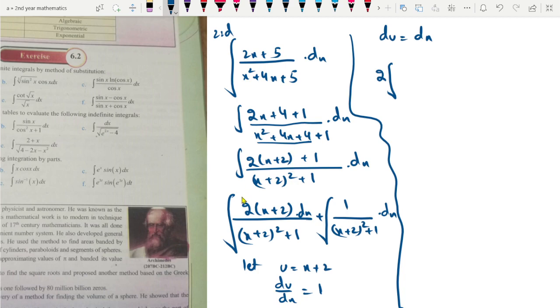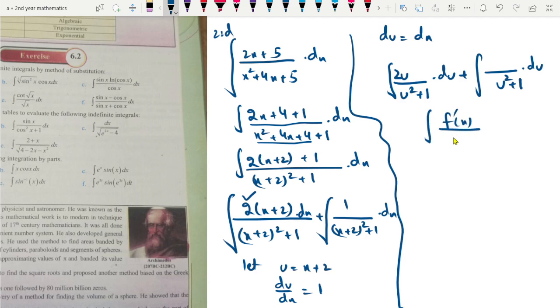So this will become 2 outside, and x plus 2 is equal to u, so this is equal to u square plus 1 with du, and plus 1 divided by u square plus 1 du. We have the formula: if you have f prime of x on top and f of x below, this is equal to natural log of f of x.